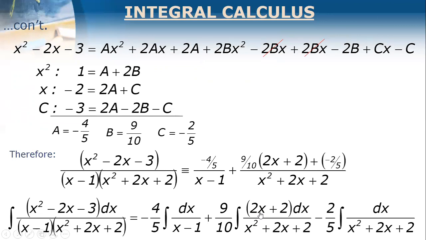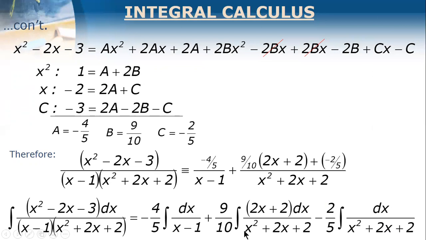So, therefore, the integral of x squared minus 2x minus 3 dx all over x minus 1 times x squared plus 2x plus 2 is equal to this: negative 4/5 dx over x minus 1. Let's separate, see? Plus 9 over 10 times 2x plus 2 dx over x squared plus 2x plus 2, minus 2/5 dx over x squared plus 2x plus 2.